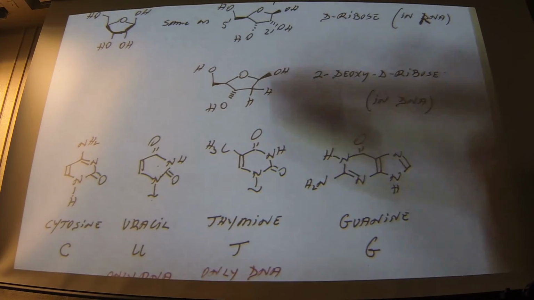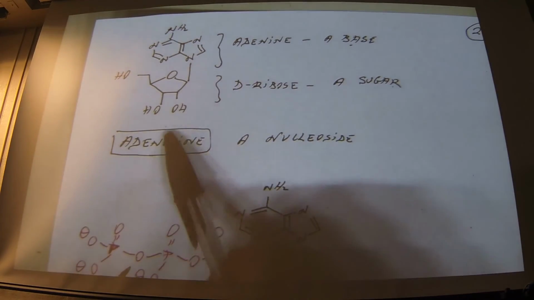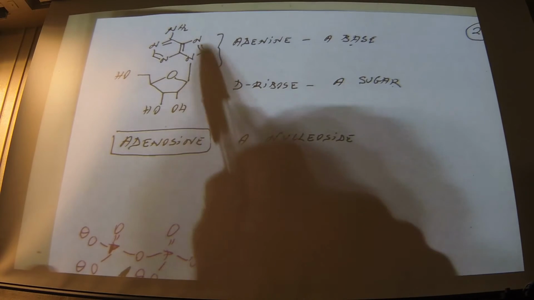We said a nucleoside. Then a nucleoside is one of these sugars and one of these bases. And so if I take adenosine, I have ribose and adenine.